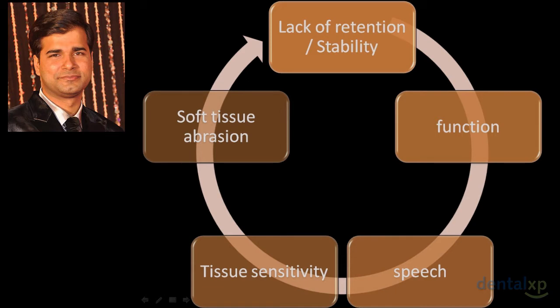Well, the major indications being that if a patient encounters lack of retention or stability with conventional dentures, implant overdentures definitely come to the rescue. If there is lack of function, difficulty in speech, patient encounters tissue sensitivity, or there are frequent soft tissue abrasions, implant overdentures should be the treatment of choice.